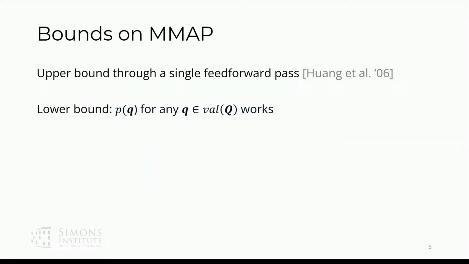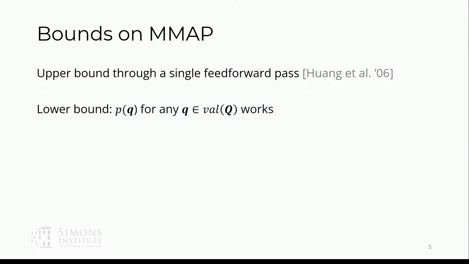Okay, so as a starting point, let's first look at the easy way to get a lower and upper bound for a particular marginal map query. In the search for marginal map paper that I mentioned in the previous slide, there's an algorithm to get an upper bound on the marginal map through a single feed-forward pass.